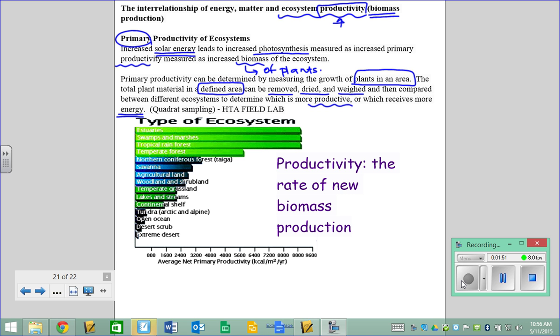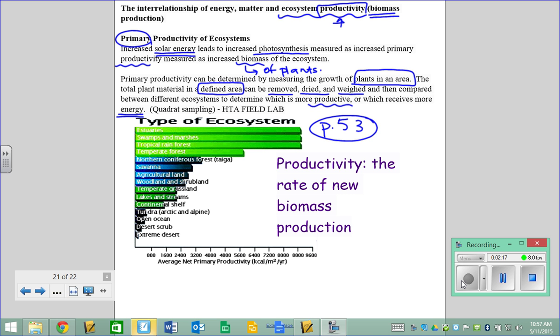So down here I have a little chart which you do not have to memorize. I'm putting it here to help illustrate a point. There's a picture in your textbook that's very similar to this one. It shows a bunch of different ecosystems and how they compare if we talk simply about productivity. And so that picture in your textbook is on page 53. So you could refer there if you ever needed to have a specific example.